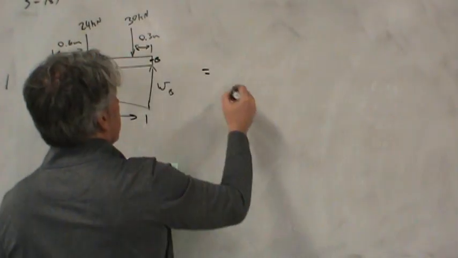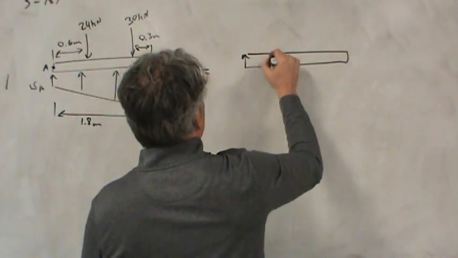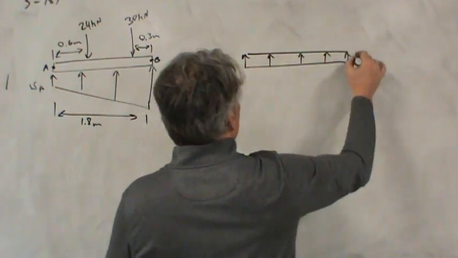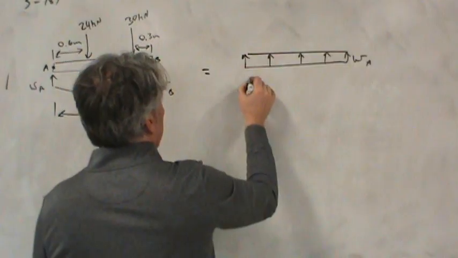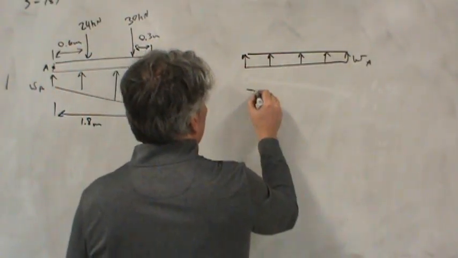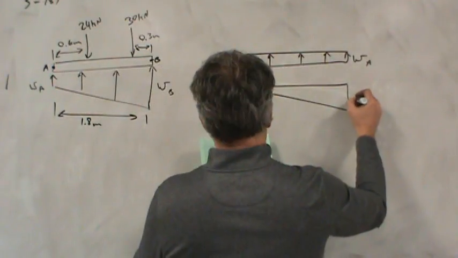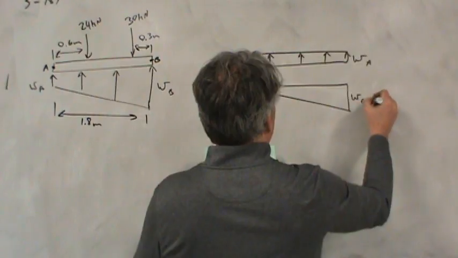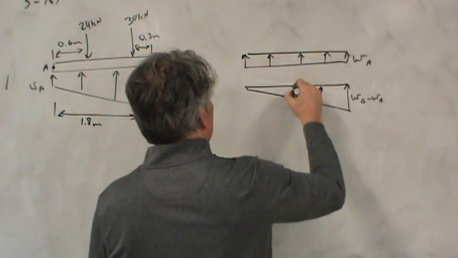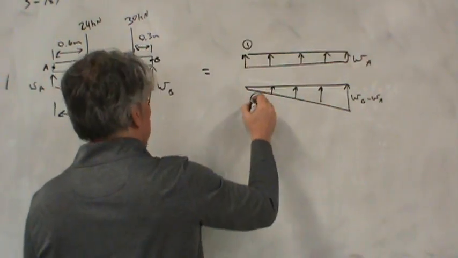So I'm going to break up this distributed load into two parts. A uniform distributed load that has magnitude WA, and a triangular distributed load that has magnitude WB minus WA on the right-hand side. Call this distribution 1, and this one distribution 2.